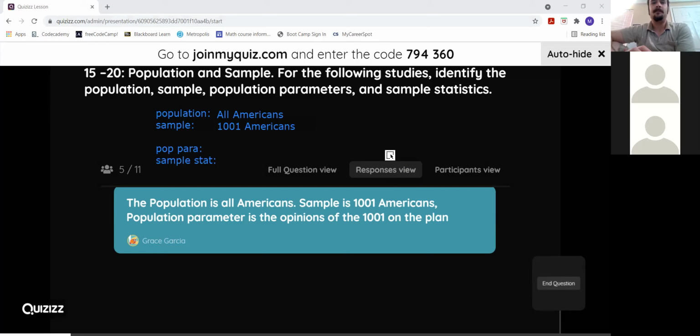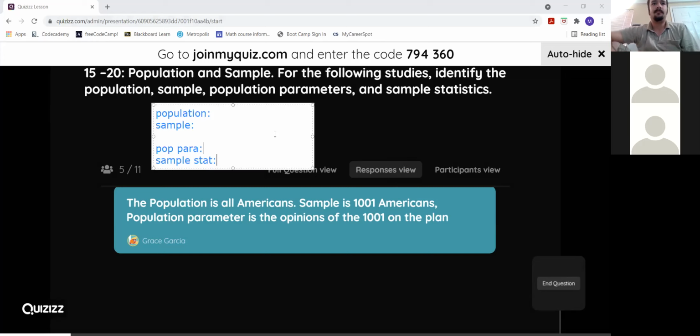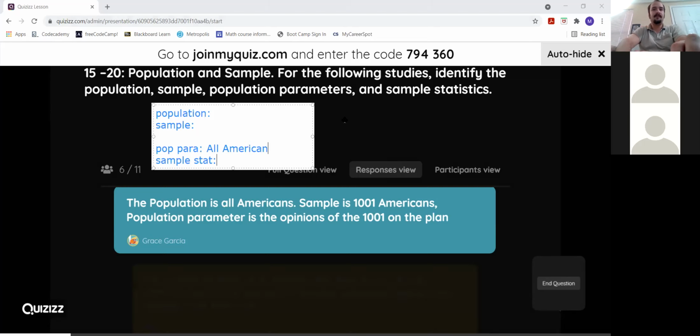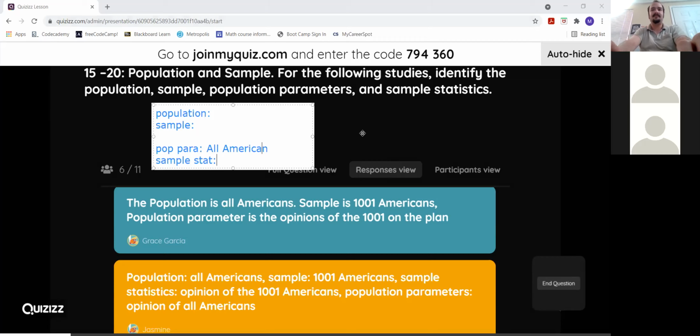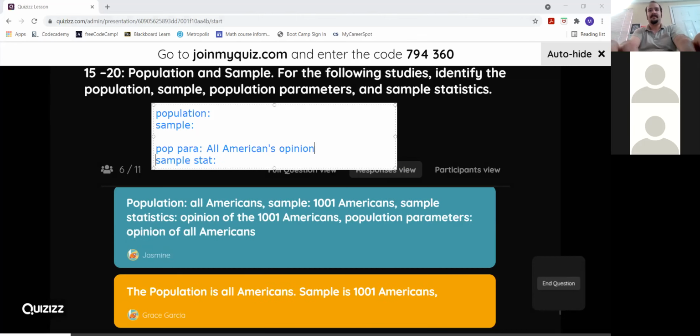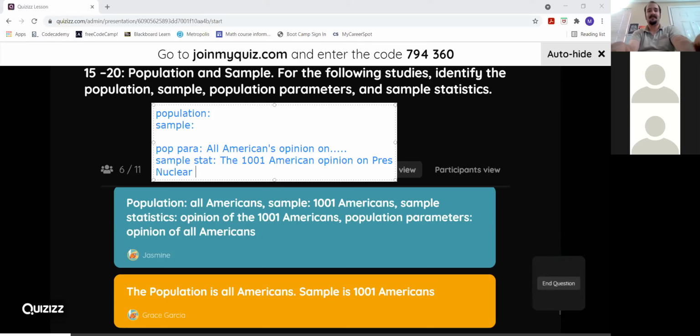So with the population parameter, would it just be all Americans? Like the population? All Americans' opinion on the president's Iran nuclear deal, right? Yeah. And the 1,001 Americans' opinion on the president's Iran nuclear deal.